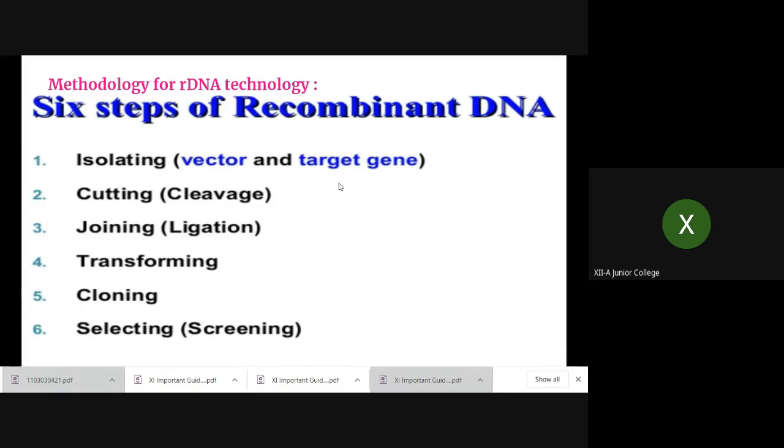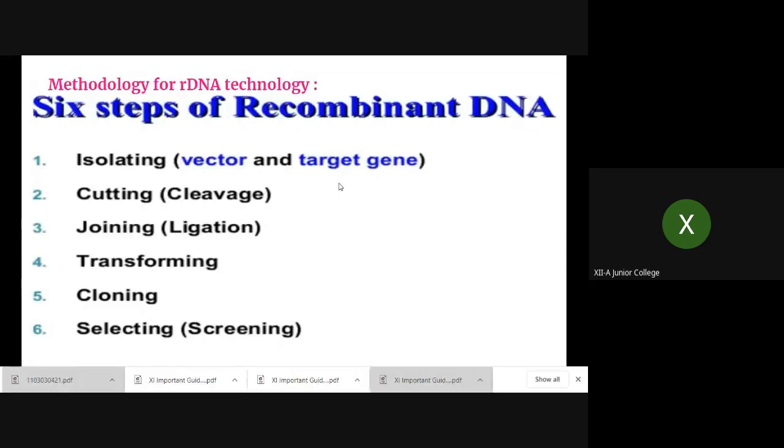So that long isolated DNA should be cut into small pieces. This is called cleavage. Then the third step is ligation, or joining. Once the screening is done, the target gene should be inserted, joined to the vector, and then transforming. The vector is inserted into a specific cloning cell organism, then cloning is done, and then selection.